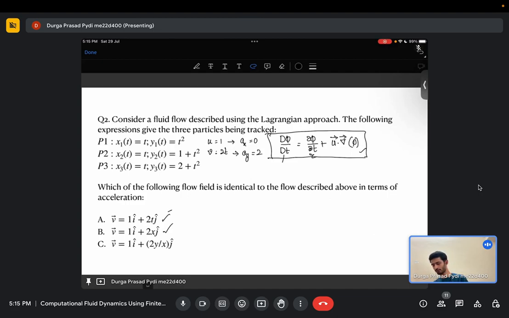So if these are your velocity components, then you have ax equal to 0 and ay equal to 2. The first flow field will give you ax equal to del u del t plus u del u del x plus v del u del y, and similarly ay is given by the corresponding expression.